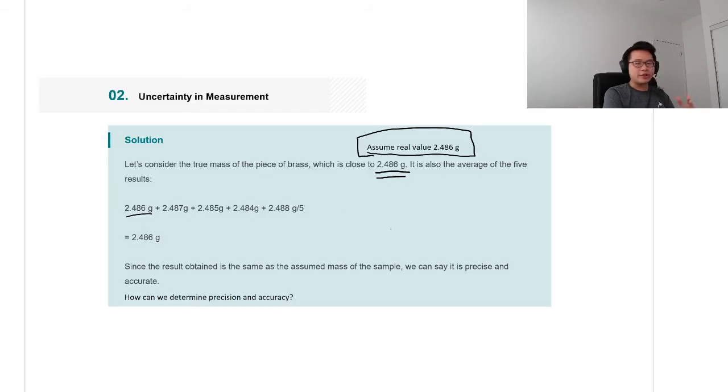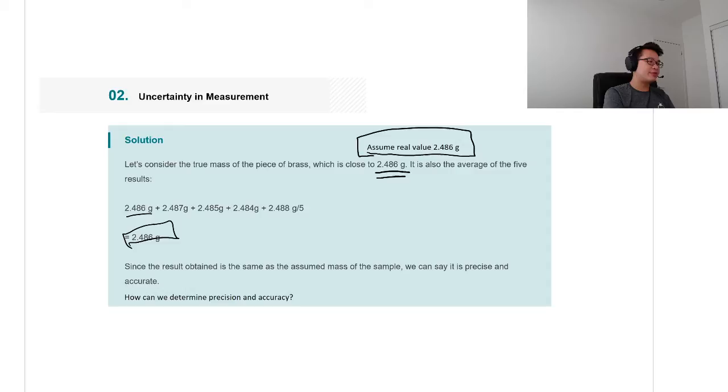But we can also do it the other way: we find the average, and then compare the average to the expected value, the reference value, or the true value. From there, you can assess whether it's accurate or precise.